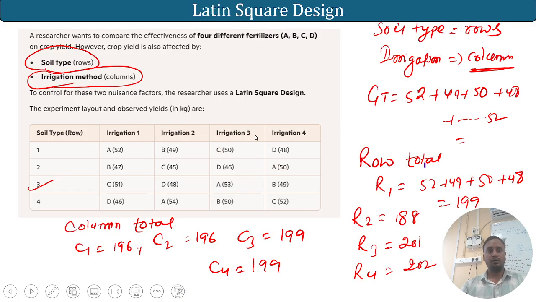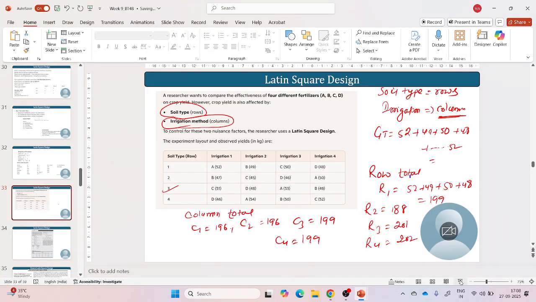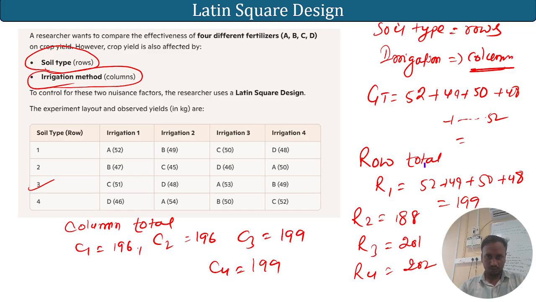Sir, one doubt. You calculated row into column, the first one is from the column. When the column came, you calculated a row total. How is that? This is row 1, R1: 52, 49, 50, 48. That is row.